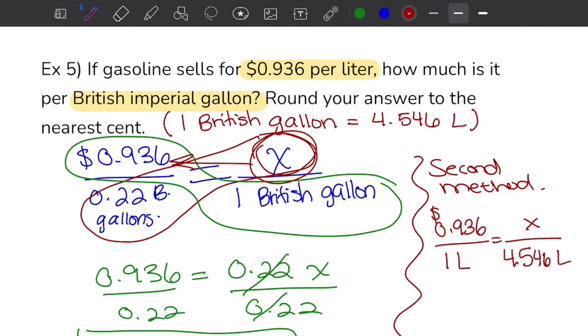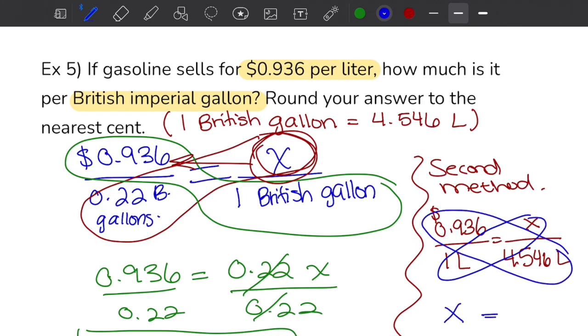So now everything is in the same units. Cross multiply. So X times 1 is just X. And then 0.936 multiplied by 4.546 is equal to, shocker, $4.25. Same amount. Okay? So you can choose whichever method you like or you find a bit easier to understand.